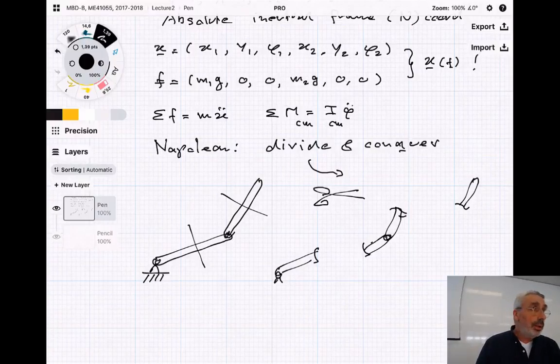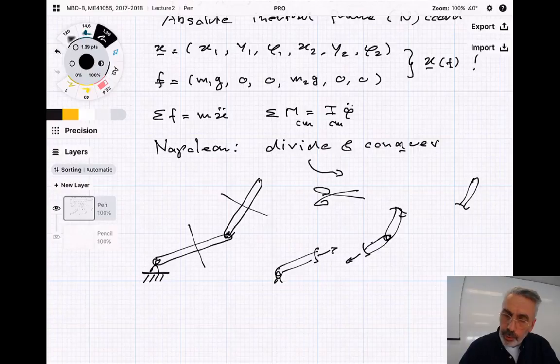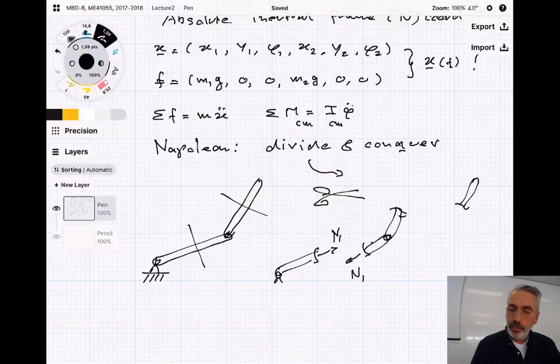Well, if you cut, you also have to introduce forces, because those forces kept everything together. So here we have a force in this direction, right? A normal force, let's call it N1. And Newton said that action and reaction are equal but opposite, so this is also N1, but in the other direction. Is that enough?